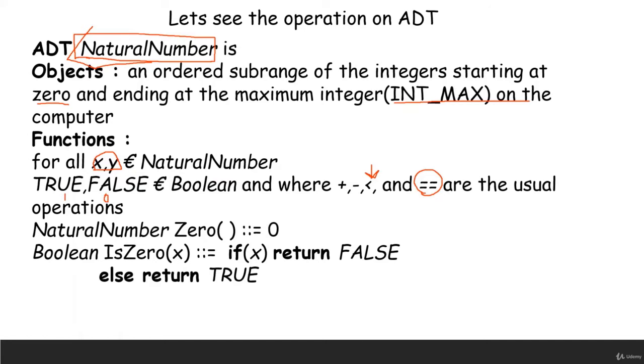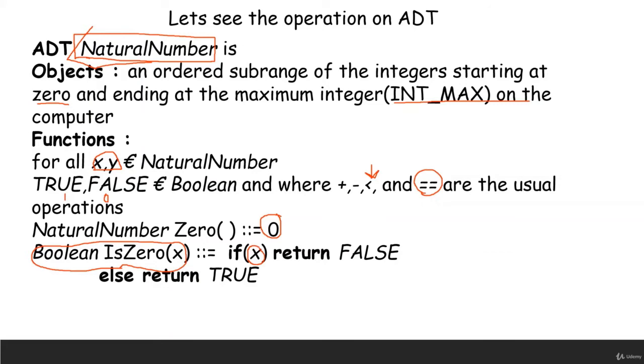Natural number zero. This is natural number 0. So what is this Boolean IsZero(x) doing? This is a function. I am giving a condition that if x, meaning if there is any number, then return false, else return true.